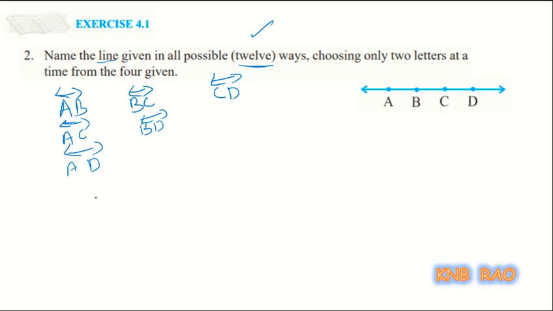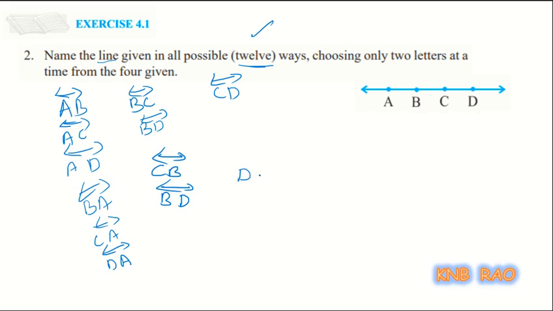It is very simple. Now, if I reverse the letters, BA line is same as AB line, CA line, DA line, next CB line, DB line and DC line.